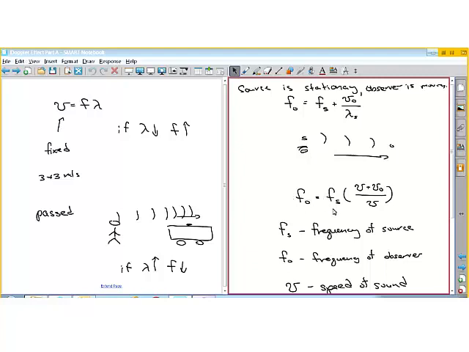So the frequency that the observer hears is equal to the frequency that the source emits times the speed of sound plus the velocity of the observer. So this is actually the case where the observer is moving and the source is stationary. You take the speed of sound, v is the speed of sound, v0 is the velocity, not the initial velocity, but the velocity of the observer, divided by the speed of sound.